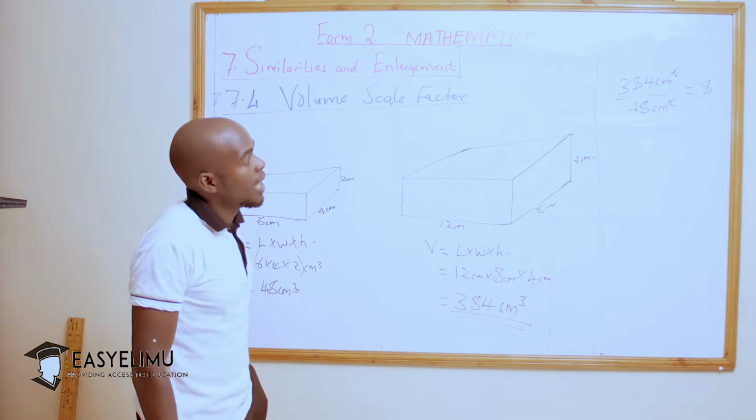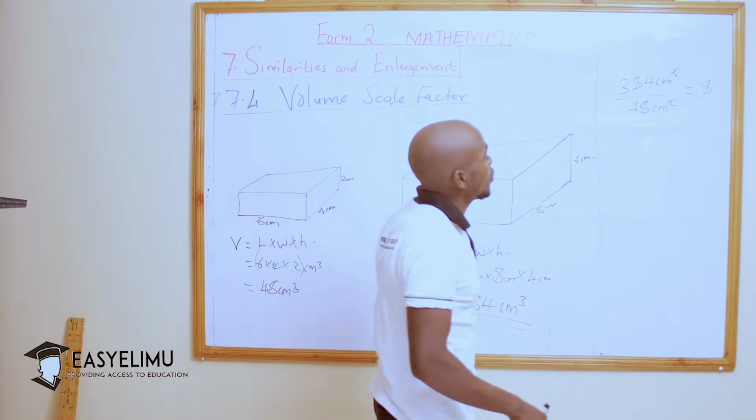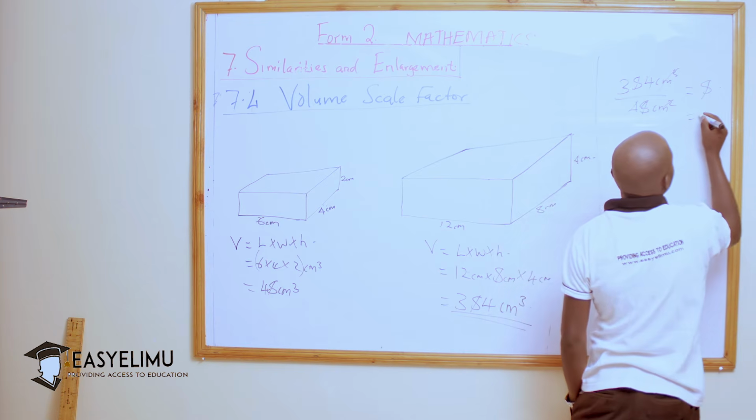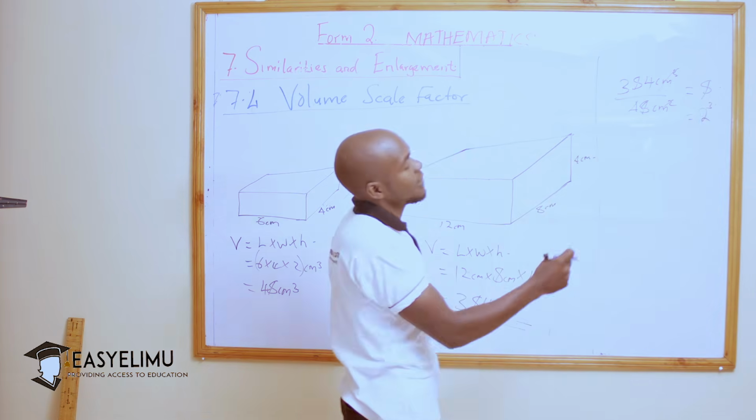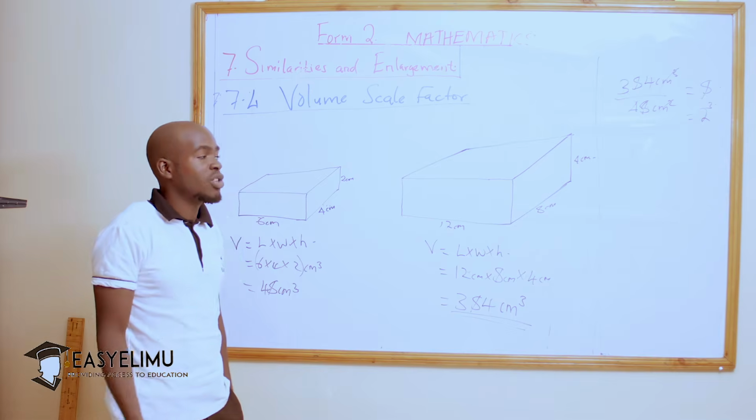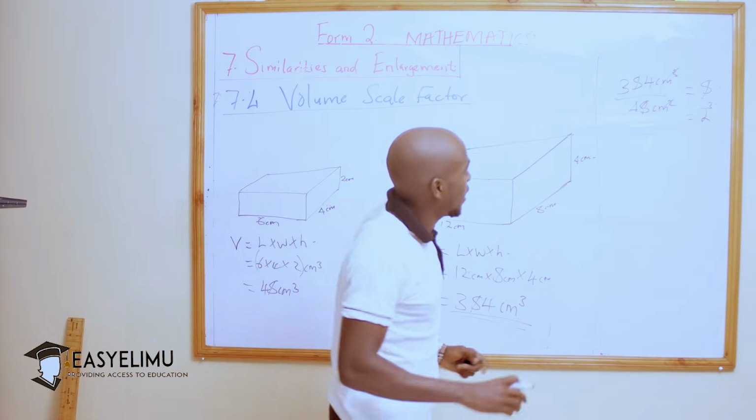Yeah, you get it as 8. So this 8 here is the same as taking 2 cubed. You can write it as 2 cubed or just leave it as 8.